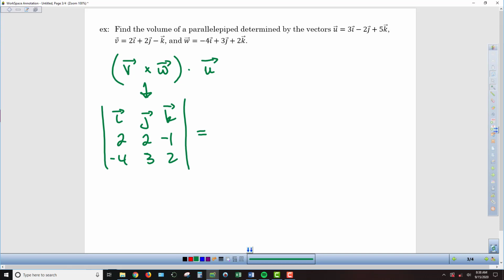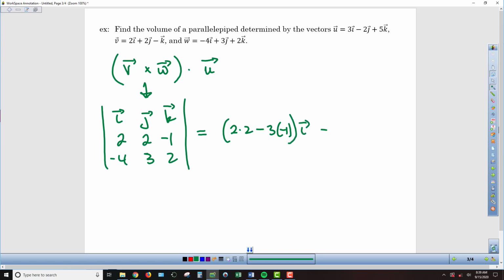Then I'm going to use that method of determinants. I eliminate the first row, and then create the 2 by 2 matrix and go from there. So in order to not clutter up our diagram, I'm going to stay away from those lines and just remember that I've got 2 times 2 minus 3 times -1 times i.